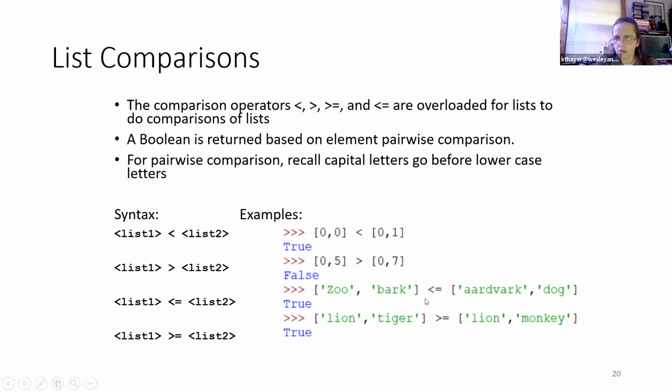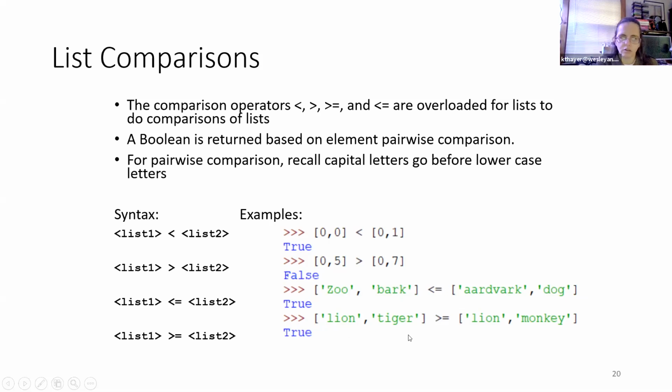Now we're going to start doing some comparisons on characters. Again, remember that the capitals precede the lowercase, and we're going to do string comparisons. Does zoo come before aardvark? We can already make a decision here because Z comes before A. So zoo comes before aardvark, and that means this whole list will come before this whole other list, and the answer will be true.